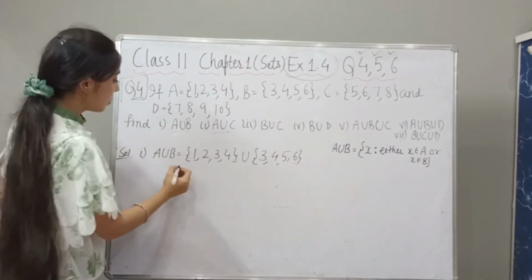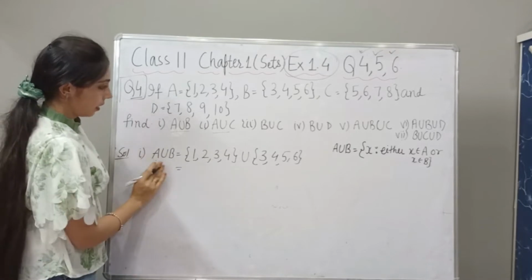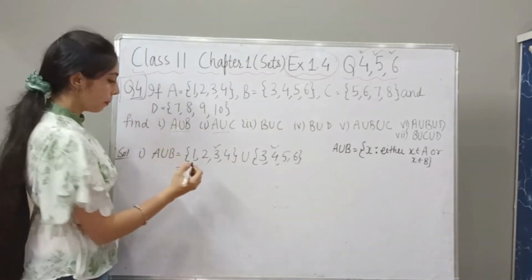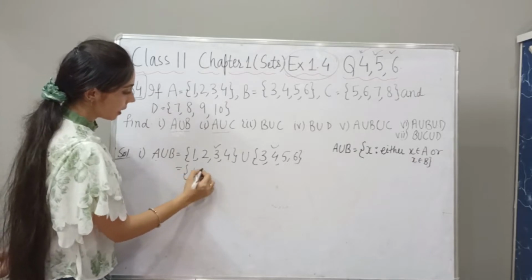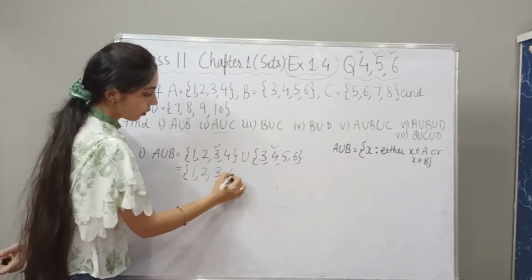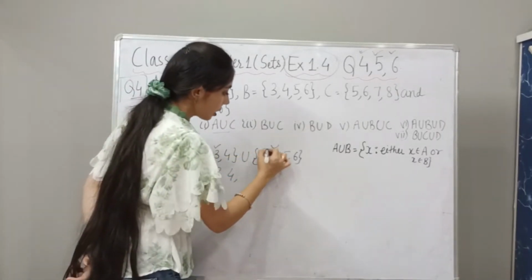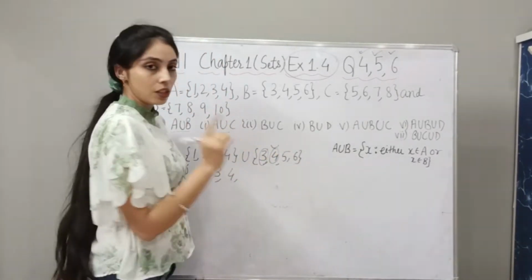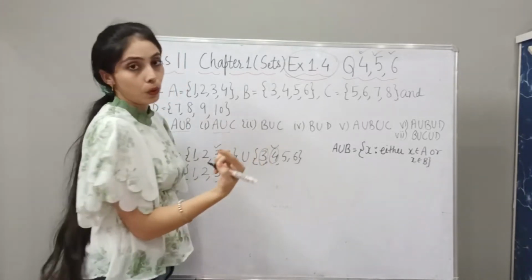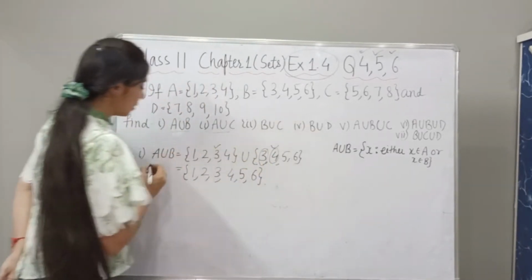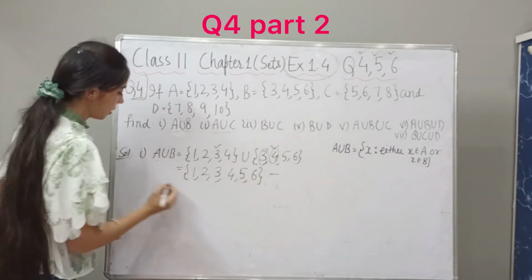This will contain those elements which are either in A or in B. So this will contain 1, 2, 3, 4, all the elements of A. Here 3 and 4 are repeated, so we don't need to write 3 and 4. So we will write 5 and 6. So A union B is this.